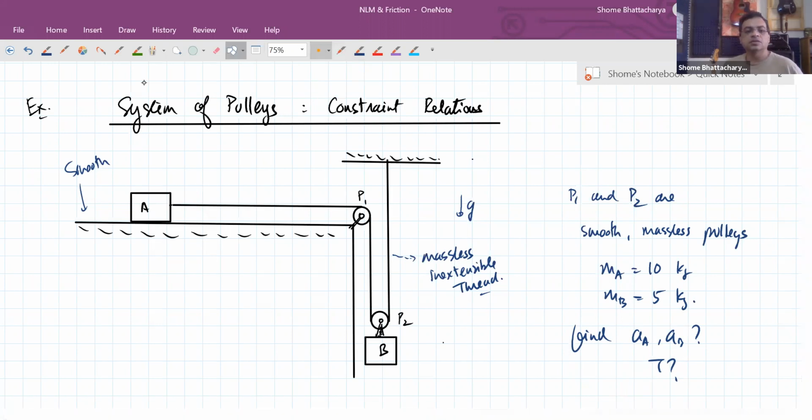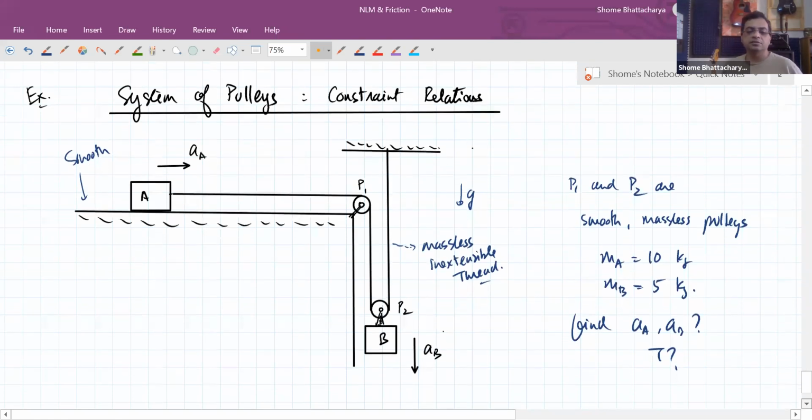If A has an acceleration like this and B has a vertical acceleration like this, we first have to develop the relationship between them. So let's understand how we'll develop that relationship.